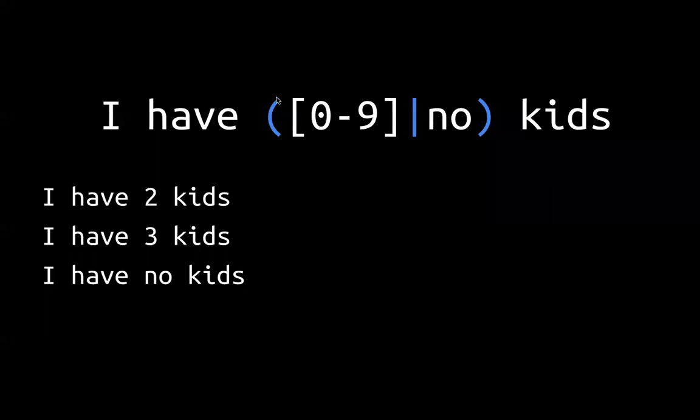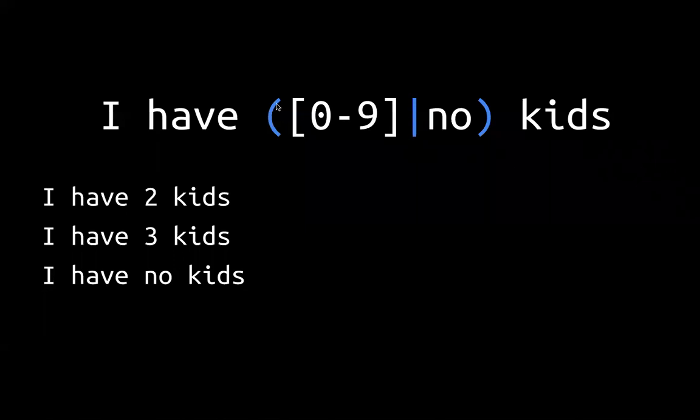And to do that, we can use the parentheses again to create a group. And we can use this vertical bar, which in this case represents semantically an or, right? Just like a double vertical bar in JavaScript will be an or in a Boolean expression, like in an if statement. It has a similar role here. If you put a single vertical bar, you're saying sort of this or that.